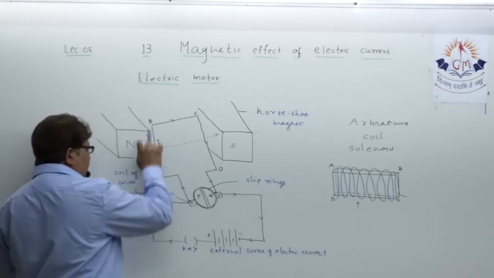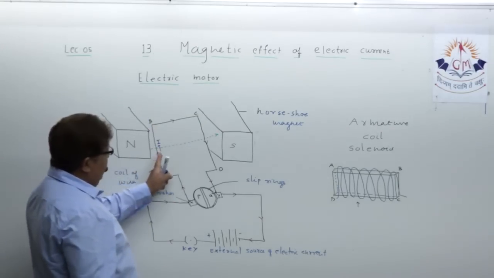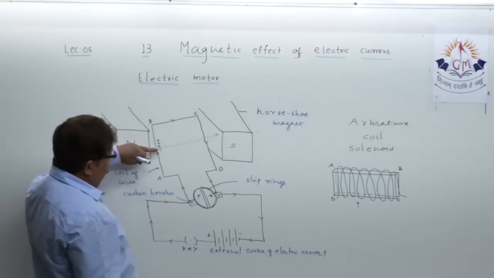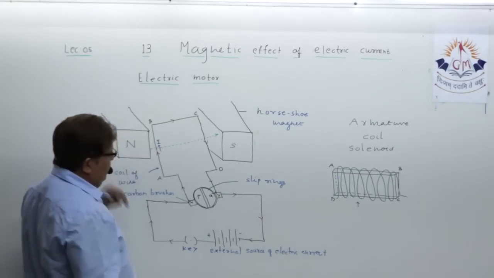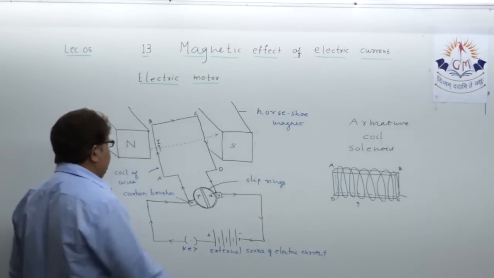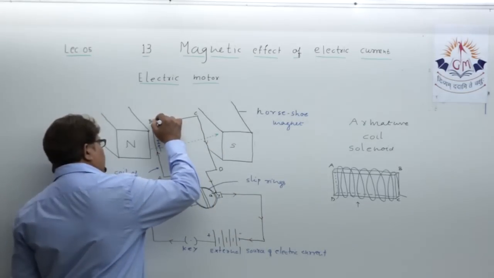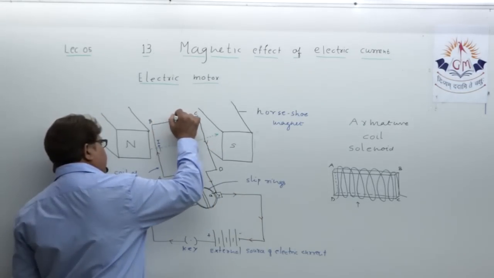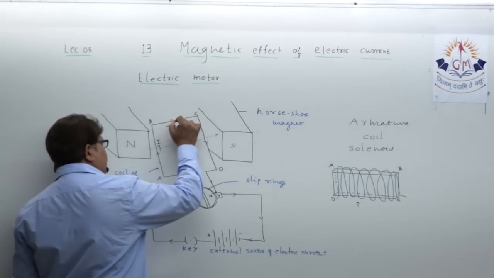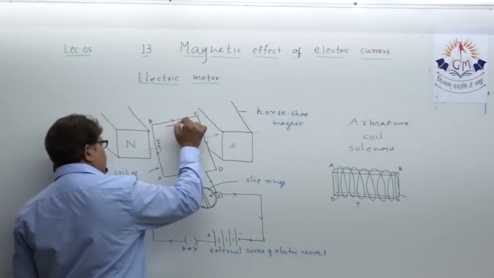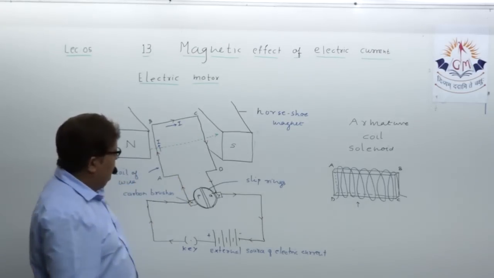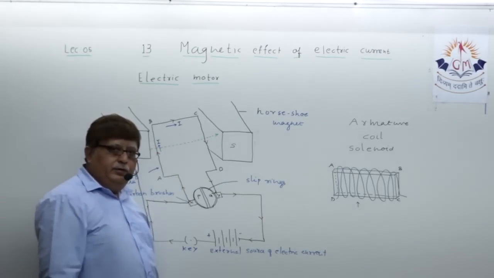On this edge, the direction of current is from A to B, perpendicular to magnetic field. You understood? On edge BC, the direction of current is from B to C, which is parallel to magnetic field.